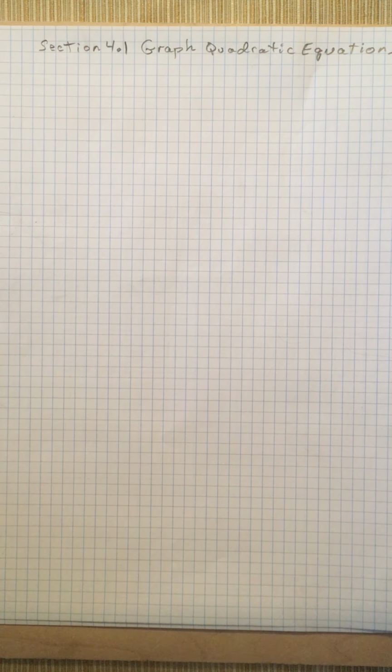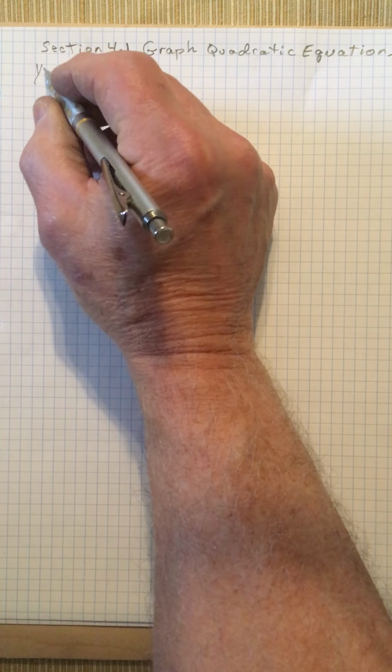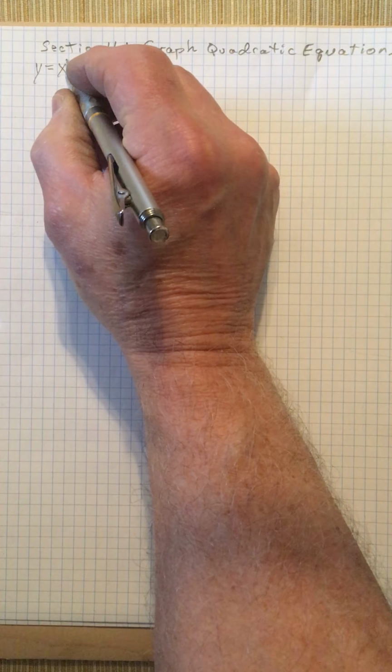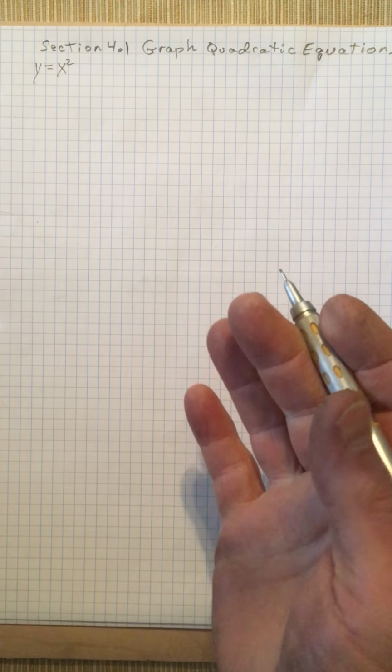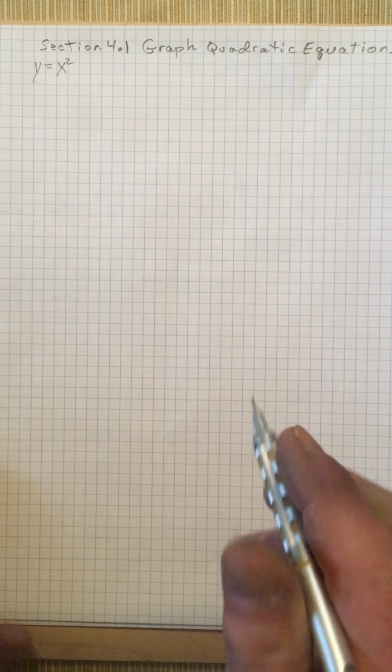Okay, today we're going to talk about drawing the graph of a quadratic equation, which is the graph of a parabola. And we actually did this back in section 3.1, where we started with the basic equation and then applied transformations to move the parabola around to get the final result.